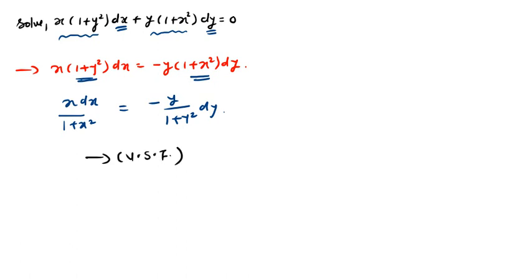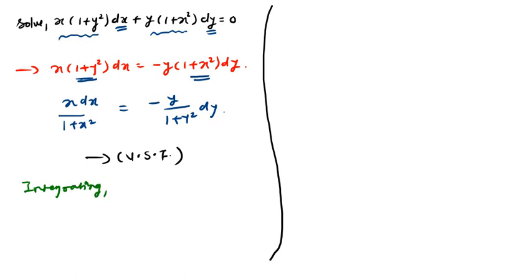Once it is in variable separable form, we find its solution by integrating on both sides. So integration of x upon 1 plus x square dx is equal to integration of minus y upon 1 plus y square dy plus some constant.